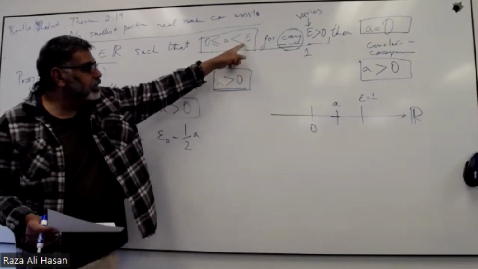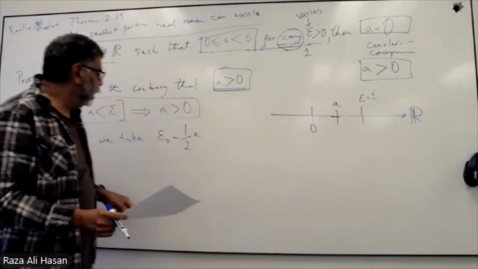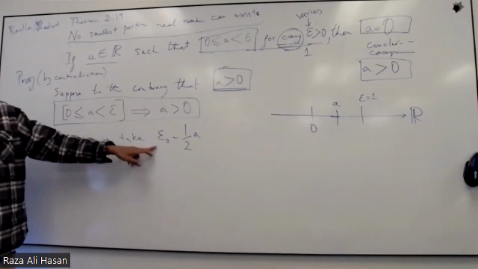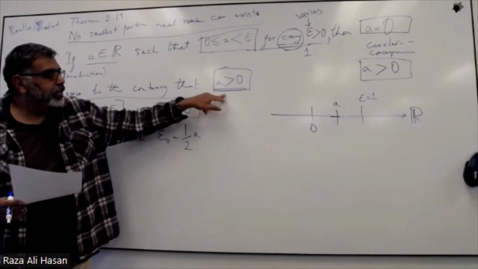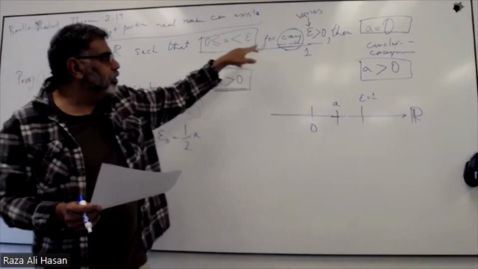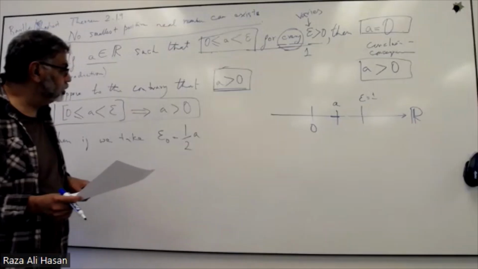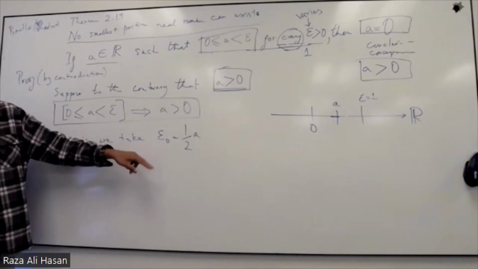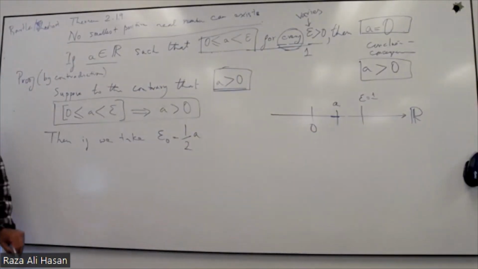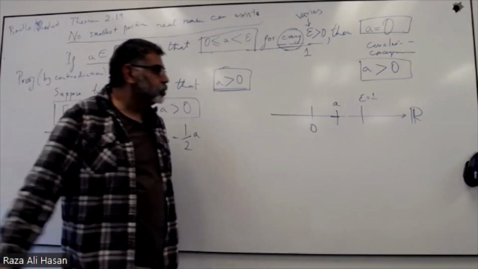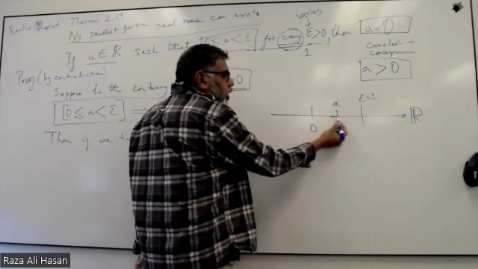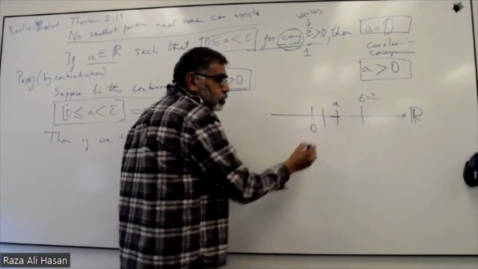We had this epsilon equals 1, and then we're coming up with the second epsilon, because it has to be true that A is greater than 0 if this condition is assumed to be true for every epsilon. So where should we put this new epsilon, folks? Yes, Chris. So if A is all the way to the right here, it's going to be right here, right?